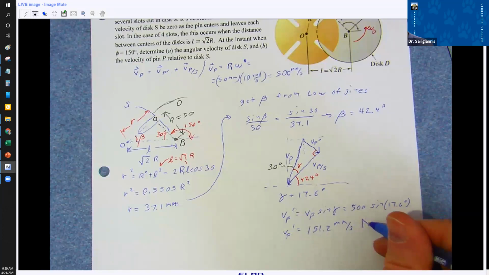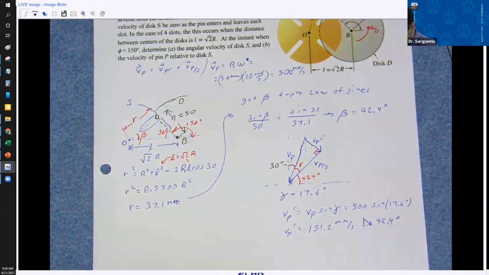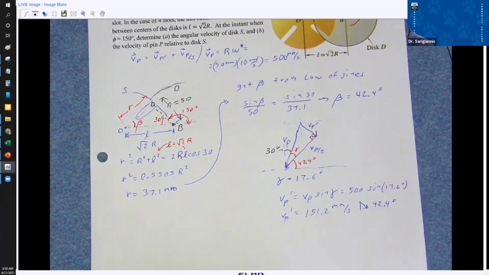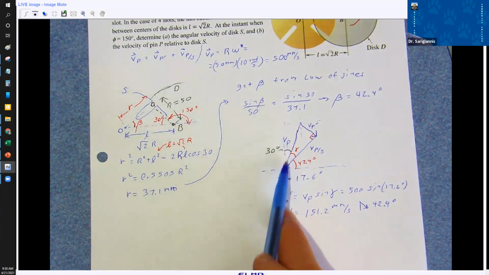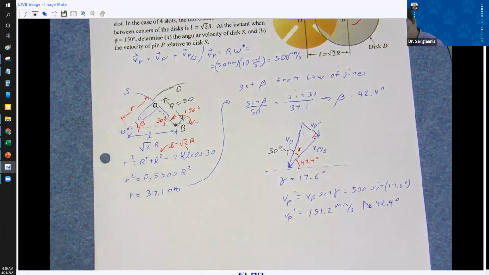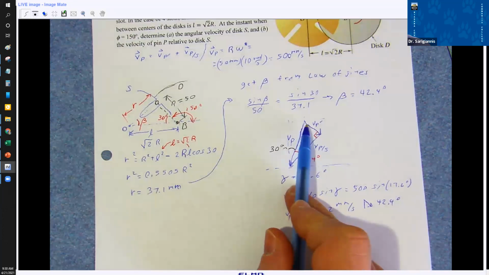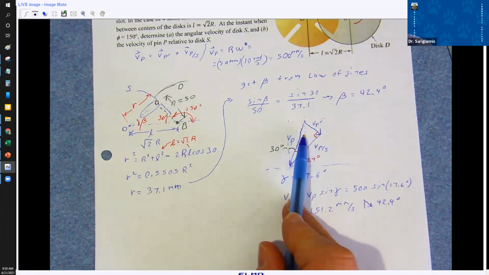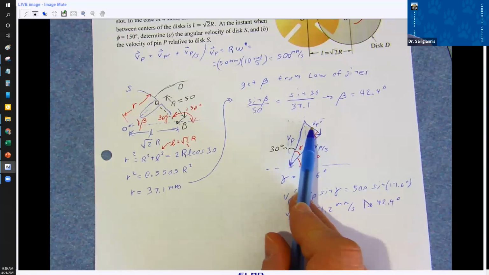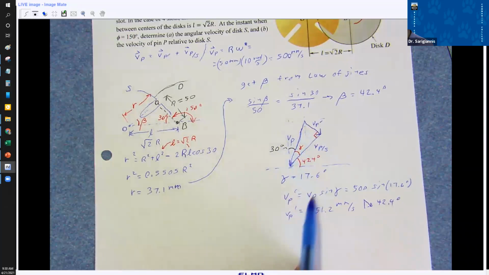Draw that like this. You have to sort of go over here. So let's see, this 30, 90, 60. Then you've got this portion in here that's got to be split up. So you figure this out, and you get the 42.4. You got the 90 degrees, you got the 90 off of that. That's where you get the 42.4 from.